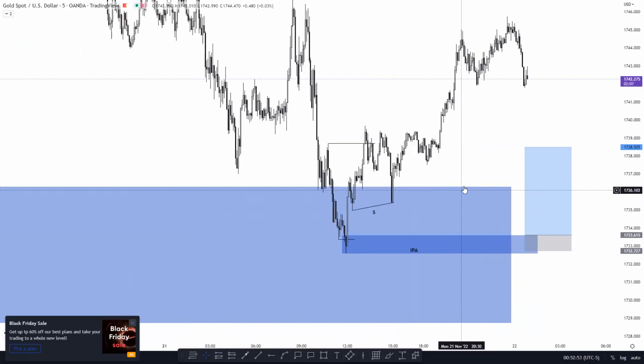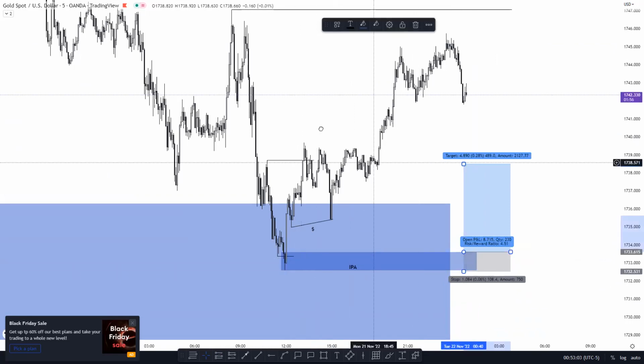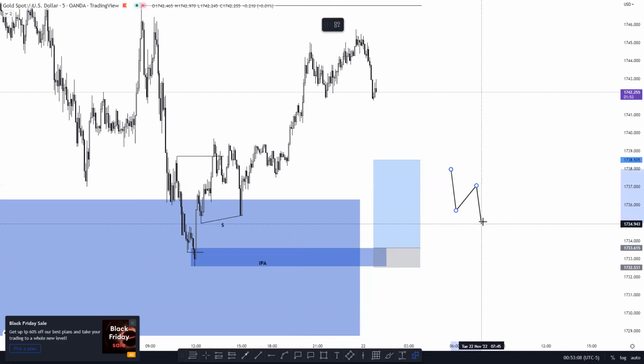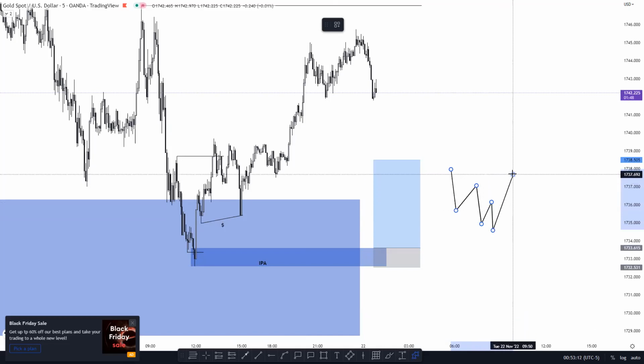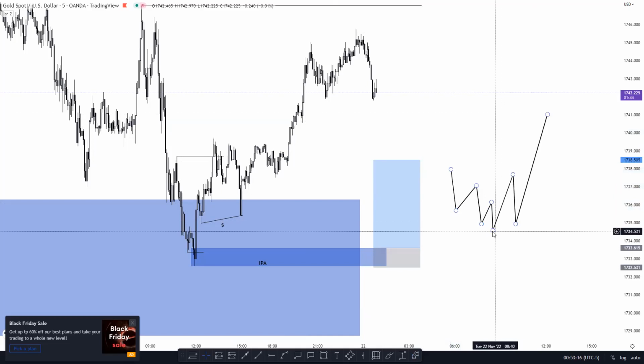So that is why I marked this whole big zone. It mitigated this hidden base in here and formed a QM setup.